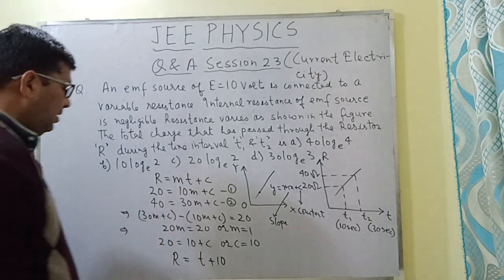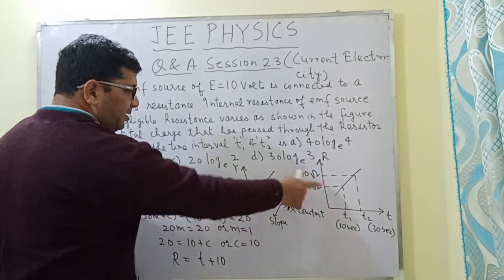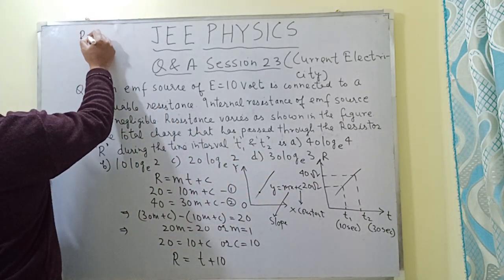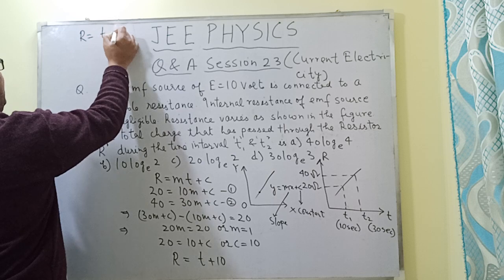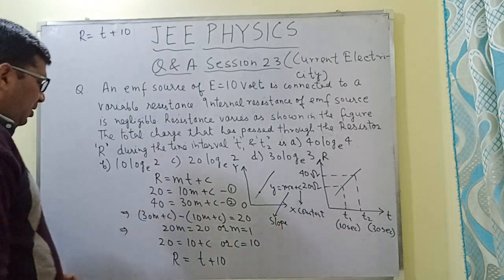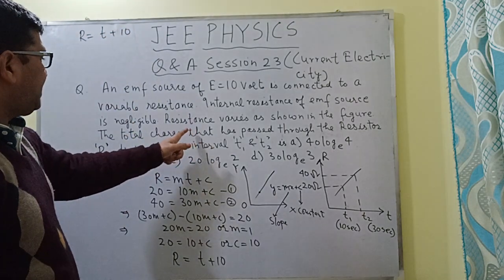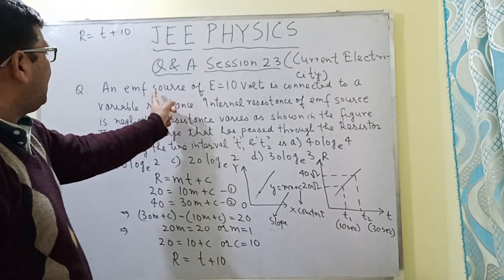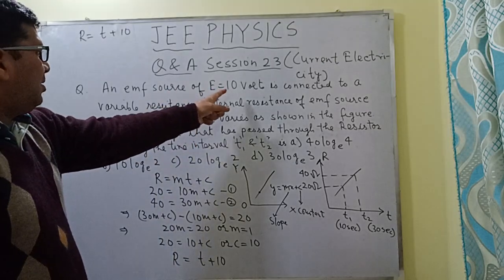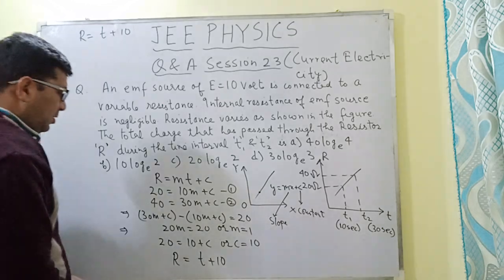So this is the relationship between R and T. R is equal to T plus 10.